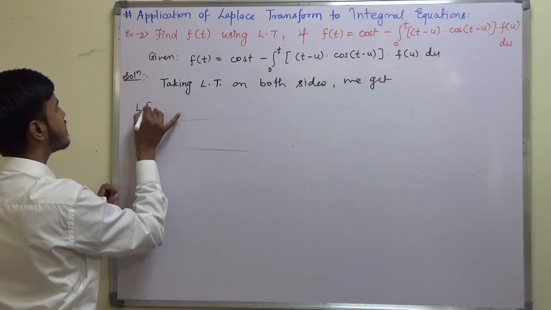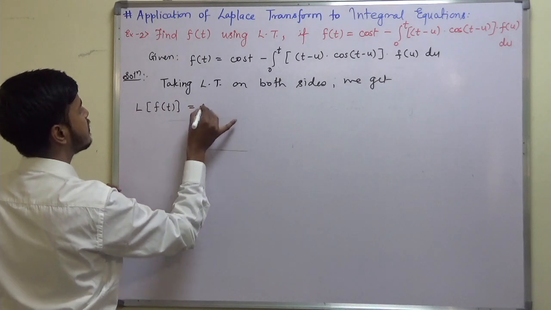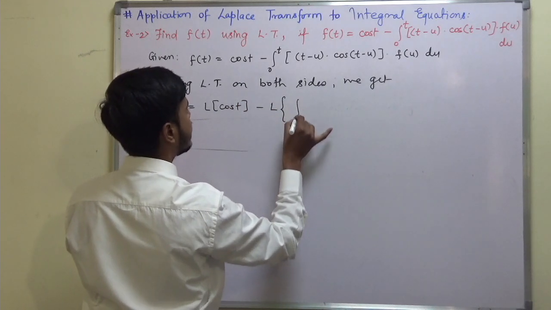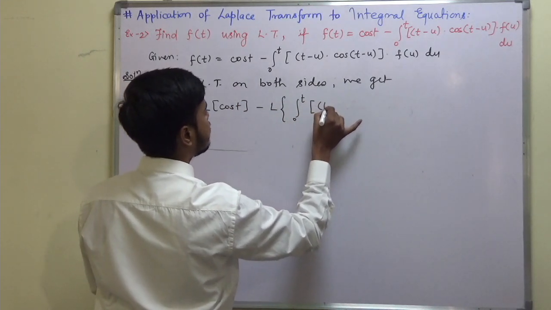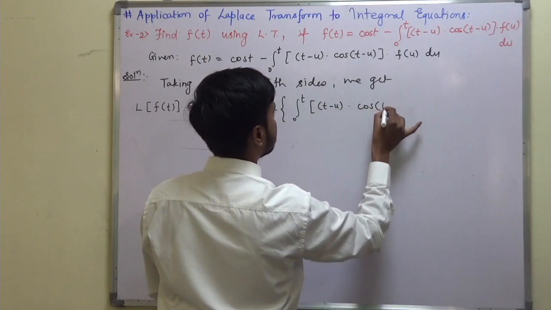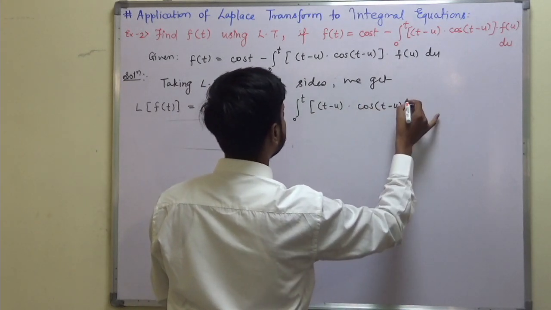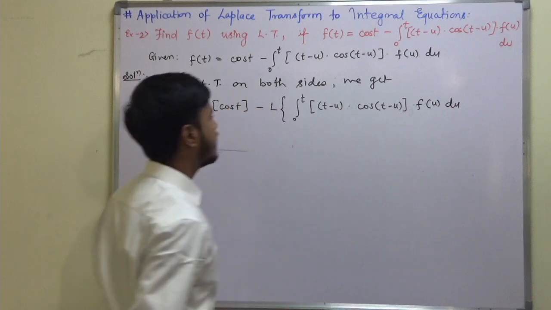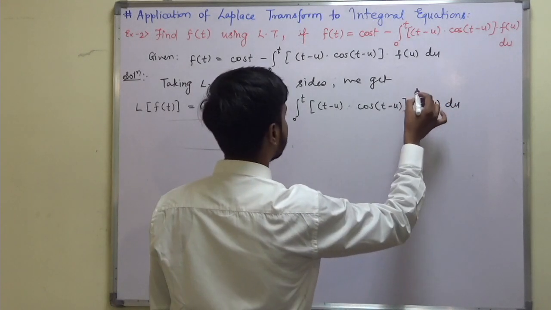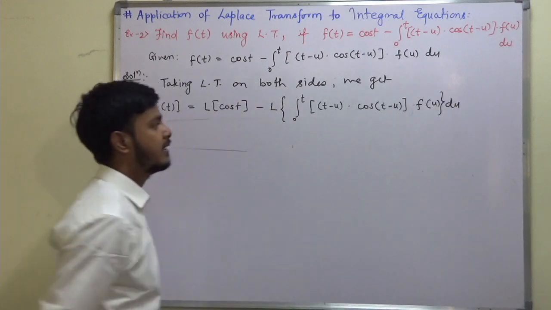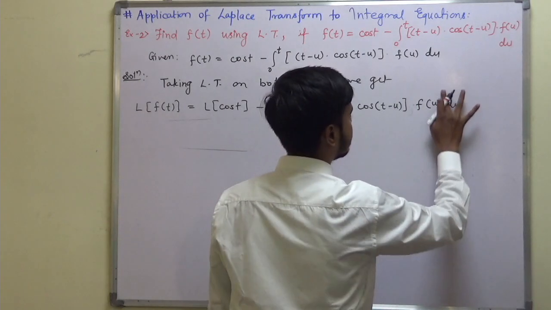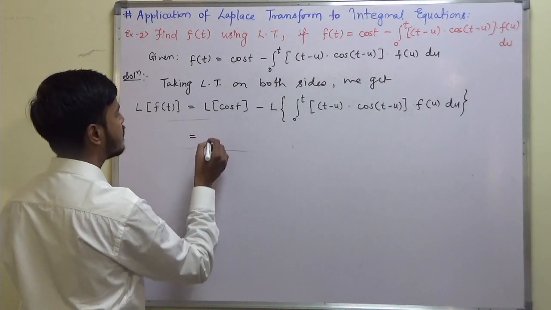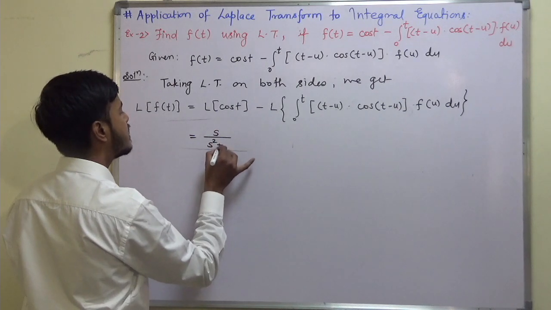This is Laplace transform of f of t equals Laplace transform of cos t minus Laplace transform of integration 0 to t of (t minus u) cos(t minus u) into f of u du. Okay, now let us write down the Laplace transform. Laplace transform of cos t is s upon s square plus 1.